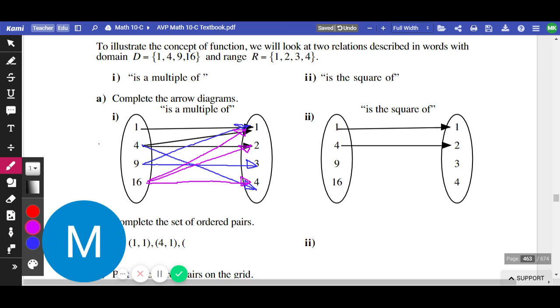These numbers on the left can be connected to these numbers on the right, assuming that the arrows mean is a multiple of. My inputs in this case would be here. My outputs would be here. The reason being, the arrows are going that way.